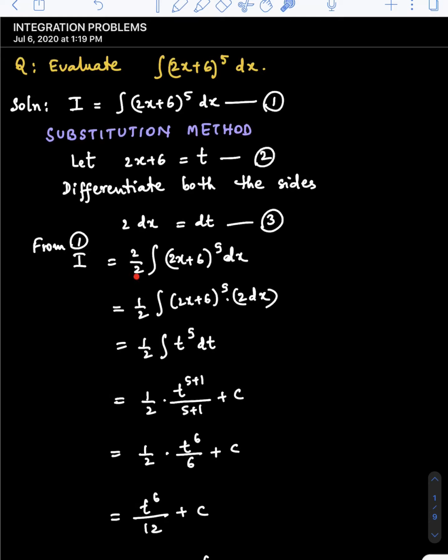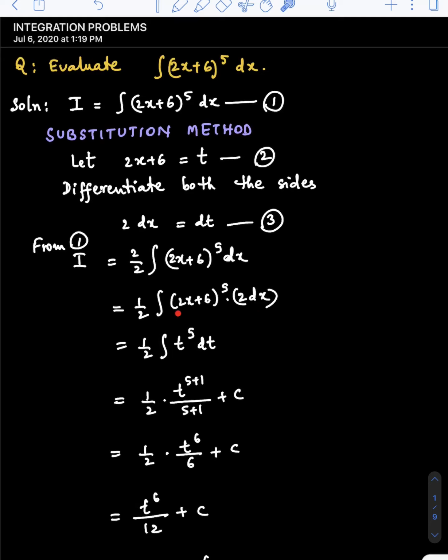This 1 is written as 2 by 2 because I want to take 2 dx. So what should we do? We should multiply and divide by 2. That is the plan. So 1 by 2 remains outside, and the integral of this part into 2 dx.